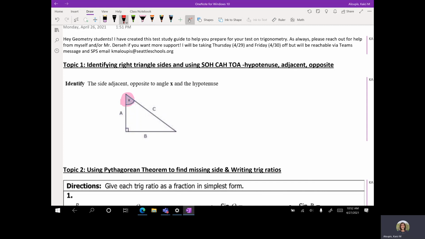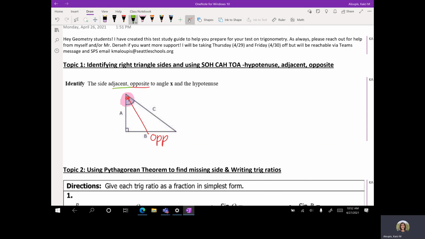If I were to draw a line through the triangle to the opposite side of the triangle, that's how I find opposite. So there's my opposite side with respect to angle X.